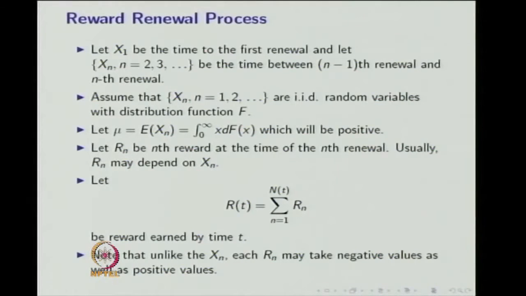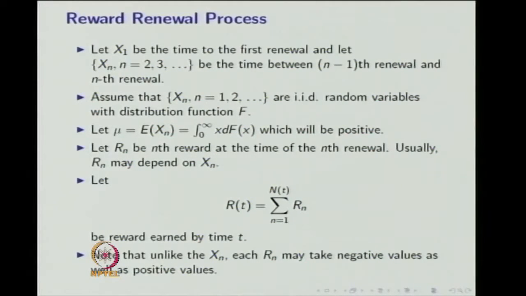The collection of R of t for t greater than or equal to 0 will be called a reward renewal process. That R of t is nothing but the reward earned by time t. So from the renewal process, we are attaching a reward for each renewal, and by defining R of t equal to the summation of Rn from n equal to 1 to N of t, that will be called a reward renewal process.